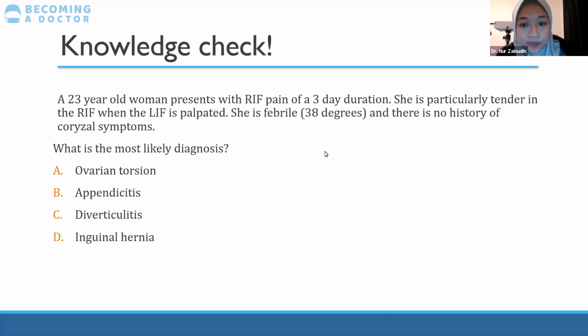Okay, so most of you are correct. Appendicitis is the answer. And some people answered diverticulitis.